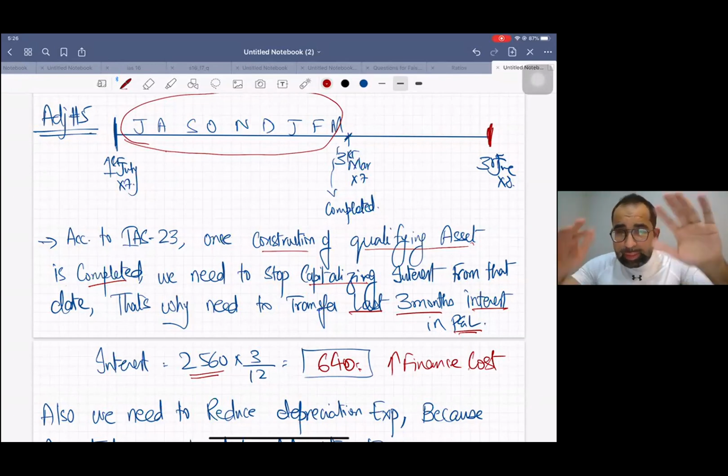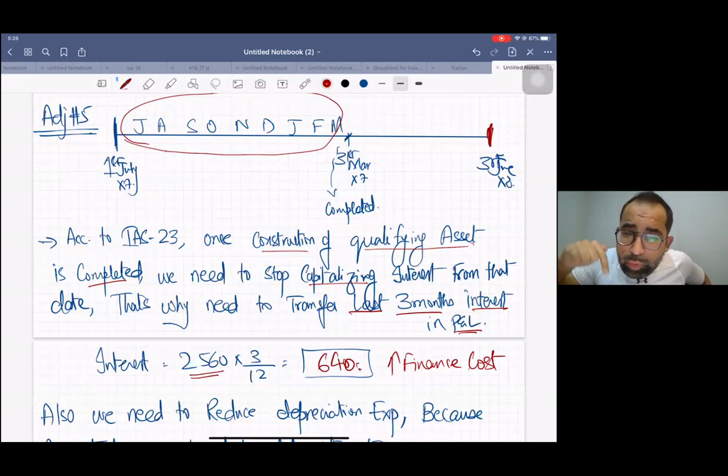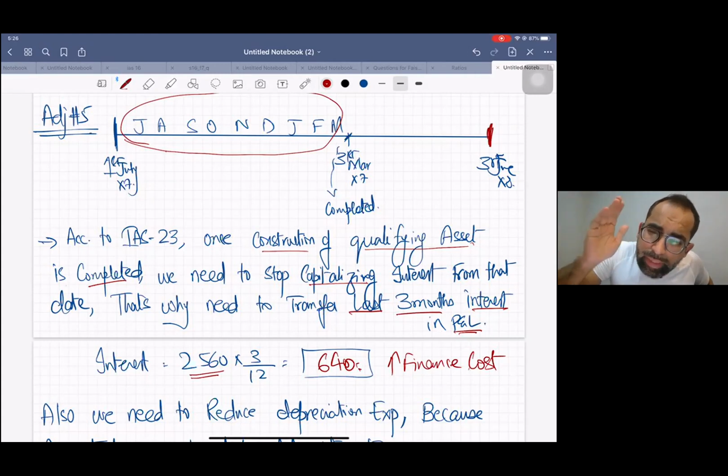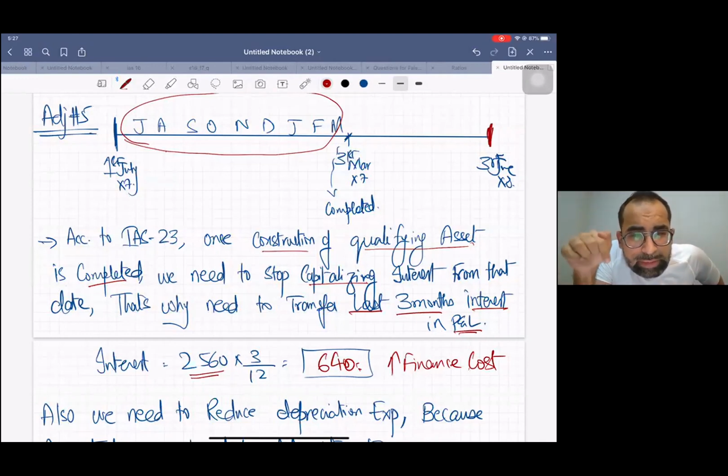Now the second thing, just use your brain and think over it. When this guy has increased the asset by 640, extra capitalization, extra asset by 640, that means on this 640 they must have booked extra depreciation, which we need to reverse for 3 months.